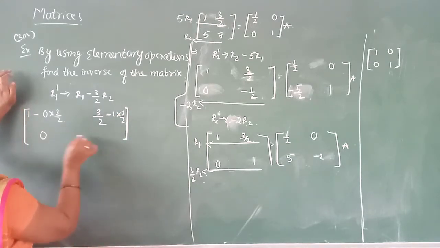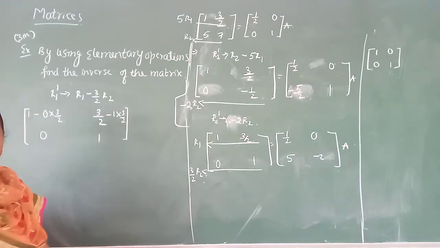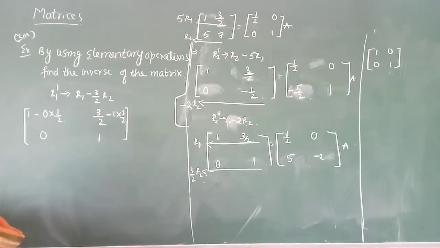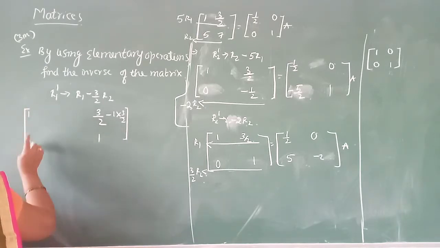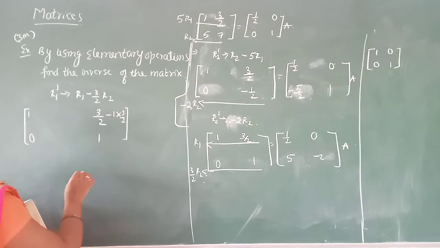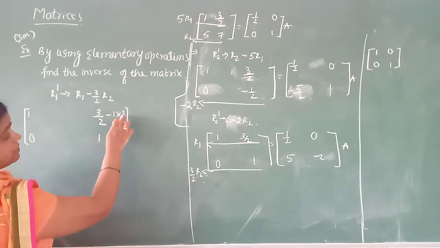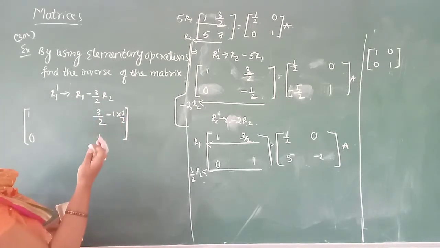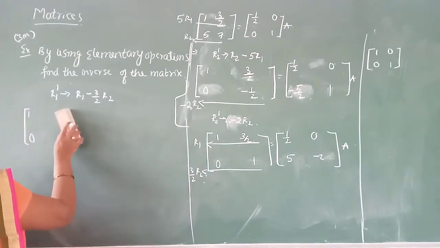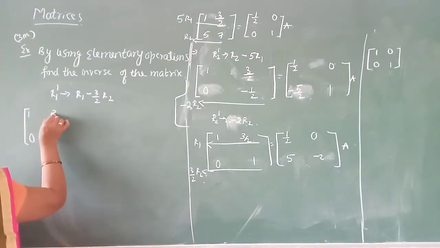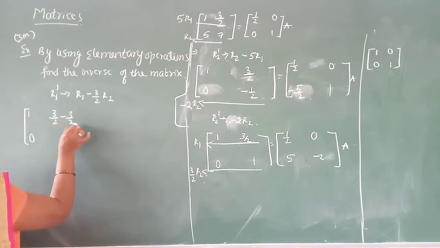Next, this one is as it is. See, 0 into 3 by 2, what will we get? 0 only, which means 1 minus 0 is 1. This is 0. Next, 3 by 2 minus 3 by 2, what will we get? 0. This is 3 by 2 minus 3 by 2.